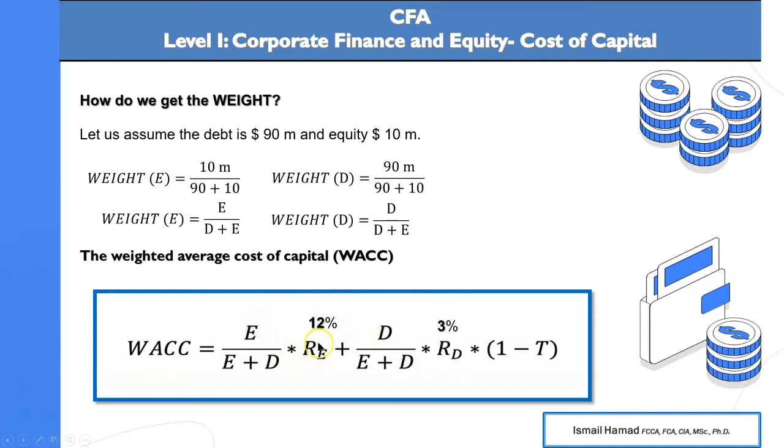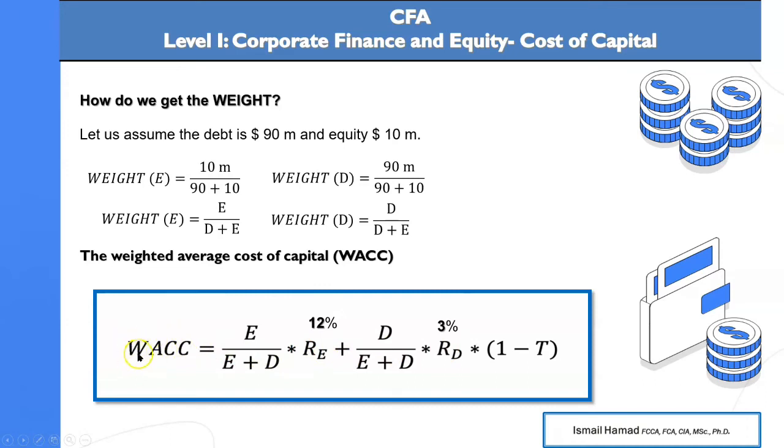So I multiply the cost of equity times the weight of equity. Weight of equity: equity divided by debt plus equity. Similarly, I multiply the required rate of return by the debt holder times the weight of the debt, so that I get the average for the cost of debt, and here I get the average of the cost of equity.